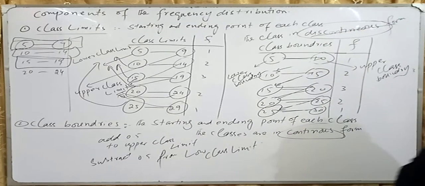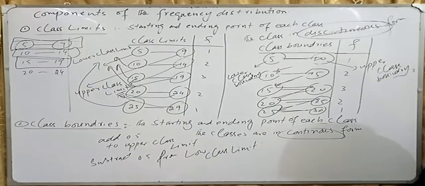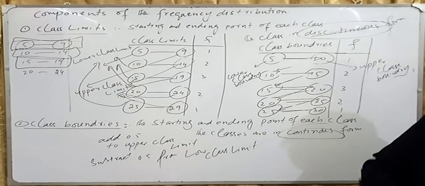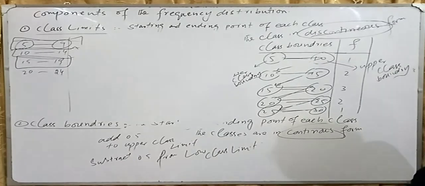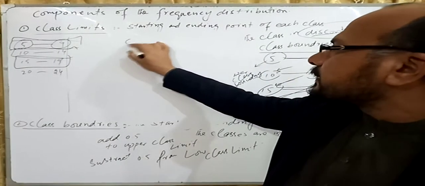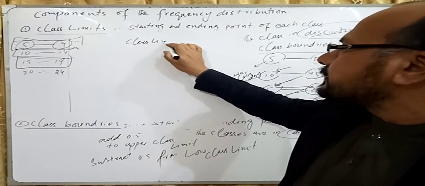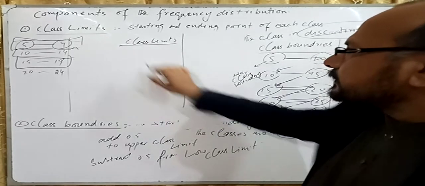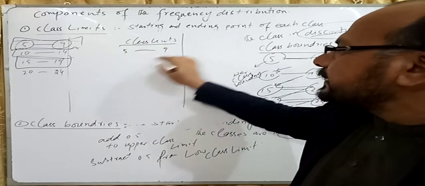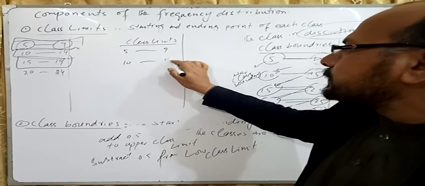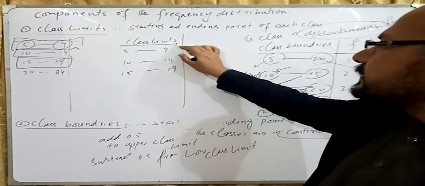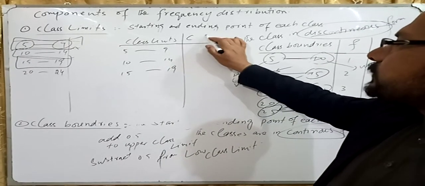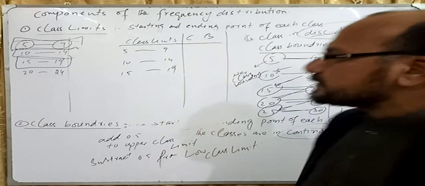How? Look at, if we have the class limits and we need to convert them into class boundaries. For example, if we have 5 to 9, 10 to 14, 15 to 19, these are in discontinuous form, but if we convert them into class boundaries, C.B means class boundaries.